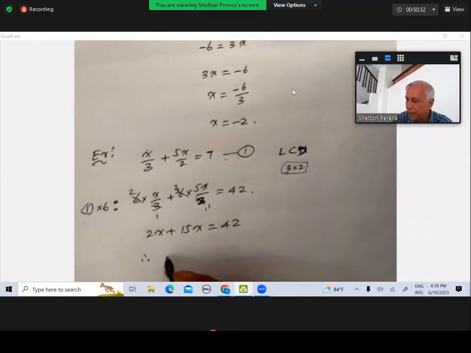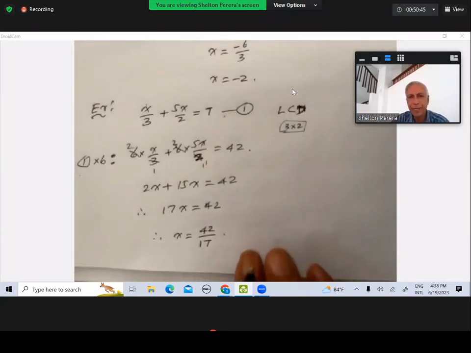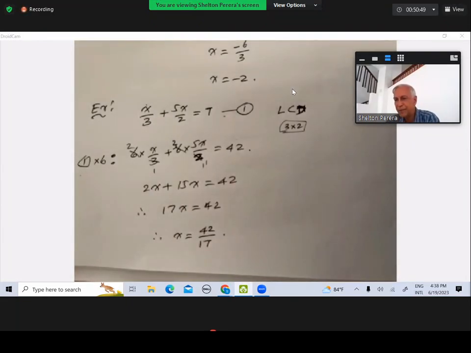Therefore 17x equals 42, so x equals 42 over 17. That's how you solve linear equations with fractions.